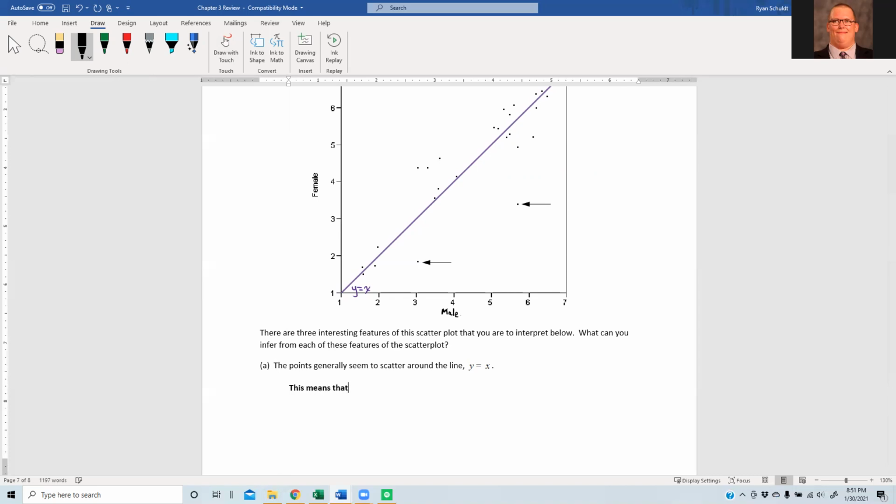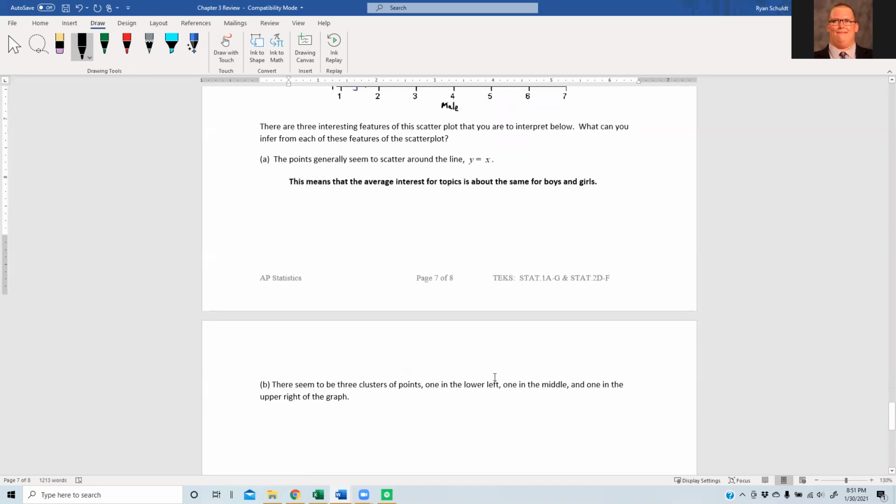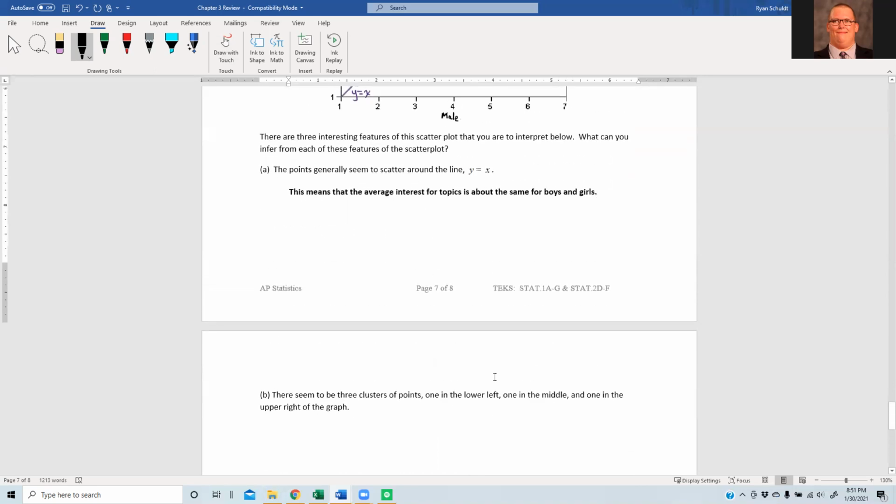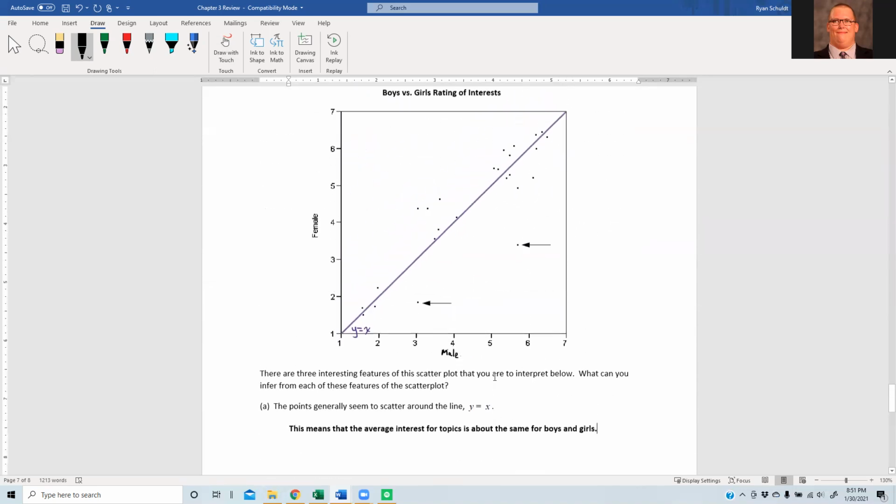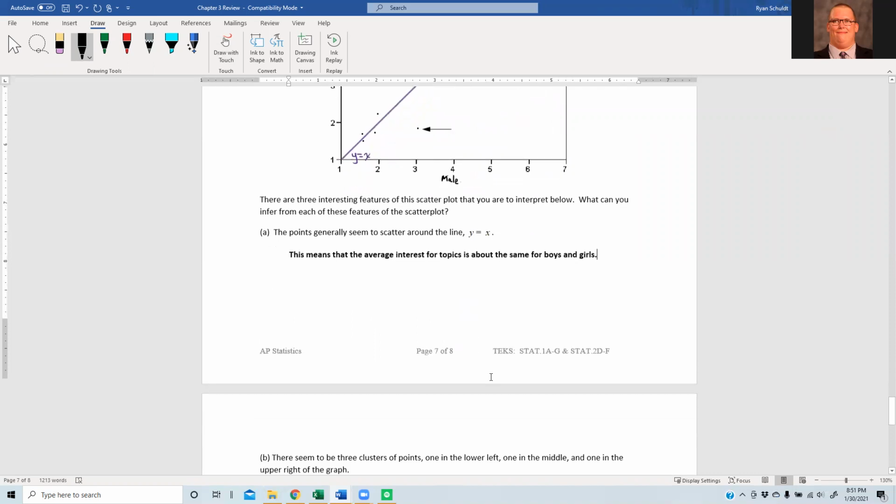This means that the average interest for topics is about the same for boys and girls. And that's really what that means.